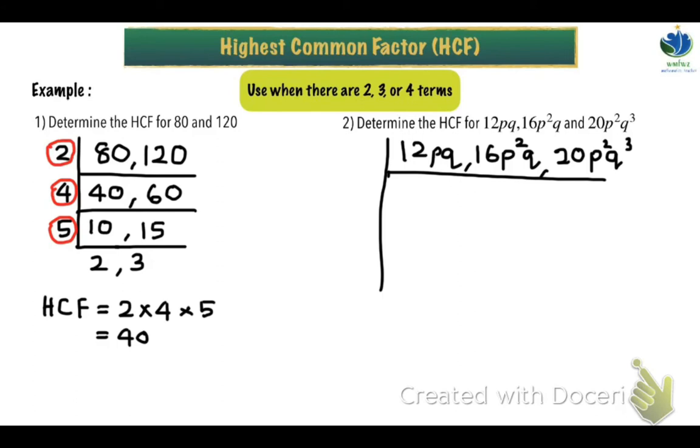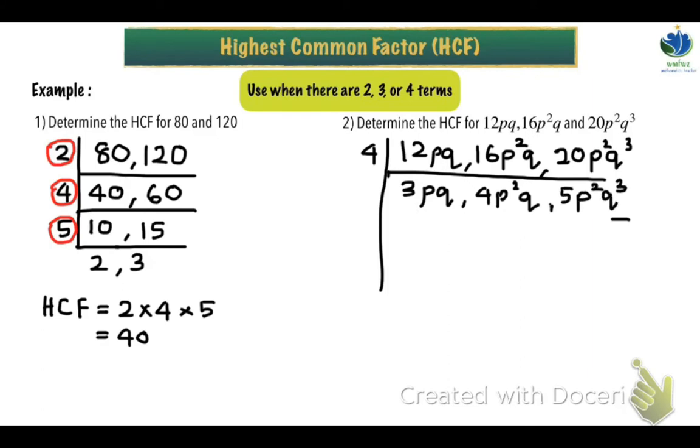So now I want to divide by 4. 12 divided by 4, 3pq. 16 divided by 4, 4p squared q. 20 divided by 4, 5p squared q to the power of 3.